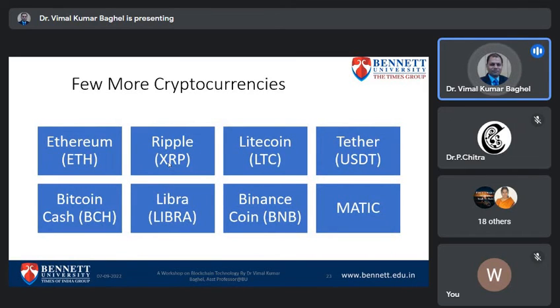We have Ethereum, Ripple, Litecoin, Tether, Bitcoin Cash, that is BCH, Libra, Binance Coin, Matic, which is the Polygon coin, and the Solana coin. These are all cryptocurrencies apart from Bitcoin. Now more and more blockchains are coming up and creating their own cryptocurrencies.